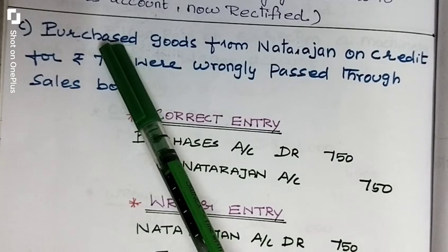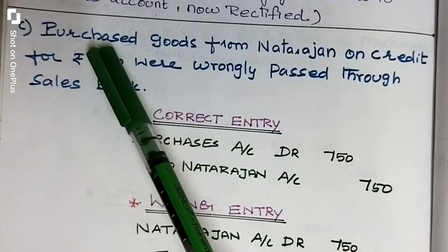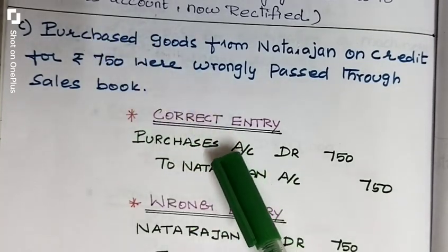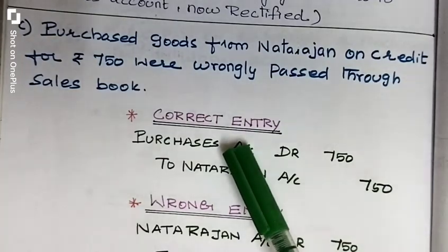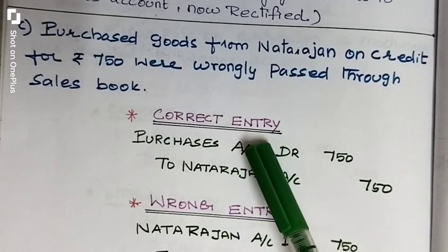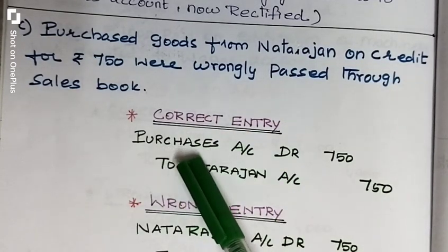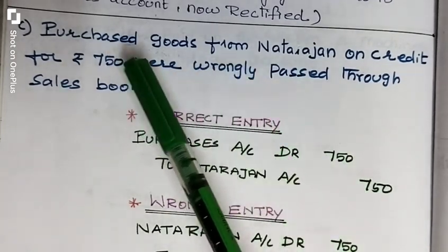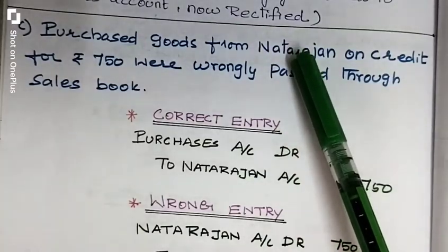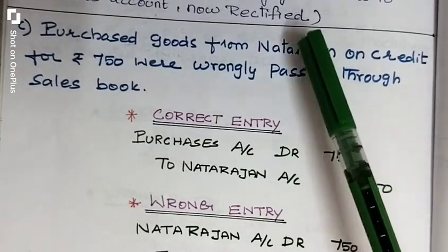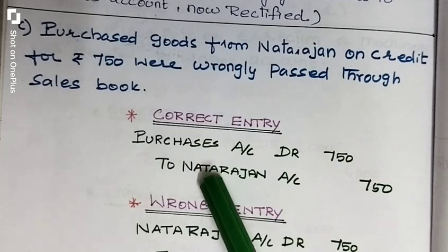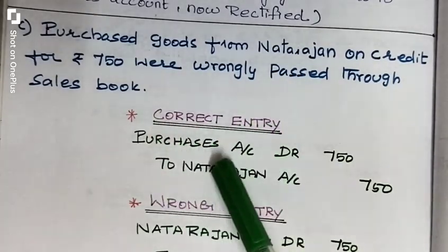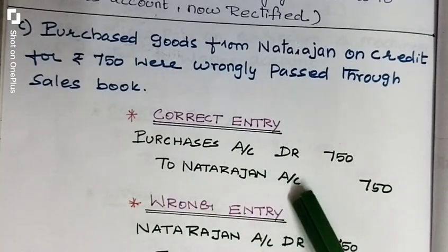Whenever you purchase goods on credit, purchases is an expense, and all expenses are to be debited. So purchases account debit 750 rupees. From whom did you purchase? From Natarajan. Natarajan is the giver, so credit the giver. The correct entry is purchases account debit 750, Natarajan account 750.